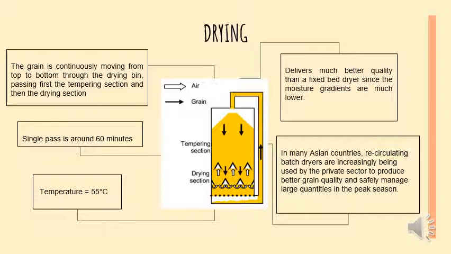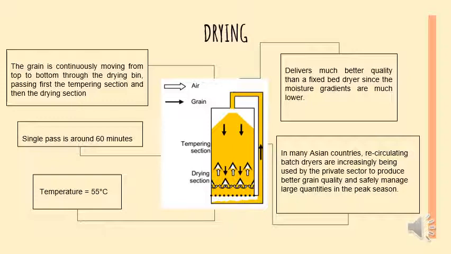As we can see in the figure, the grain continuously moves from top to bottom through the drying bin, passing first the tempering section and then the drying section. It is heated by air at a temperature of 55 degrees C, and the single pass is around 60 minutes. The process time is 60 minutes.